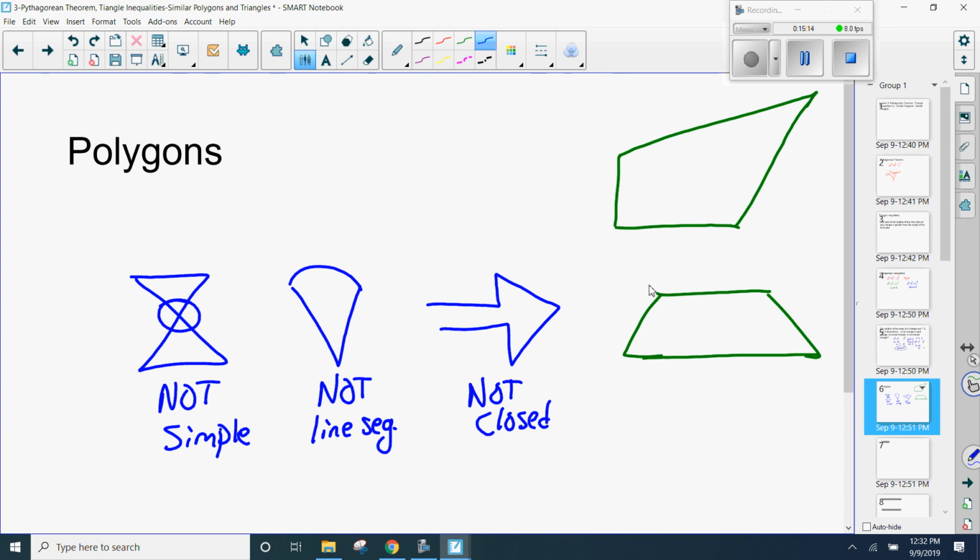A kite is a special type, because in a kite you have two pairs of congruent sides, and that you don't. Collectively, they are all called a trapezium.